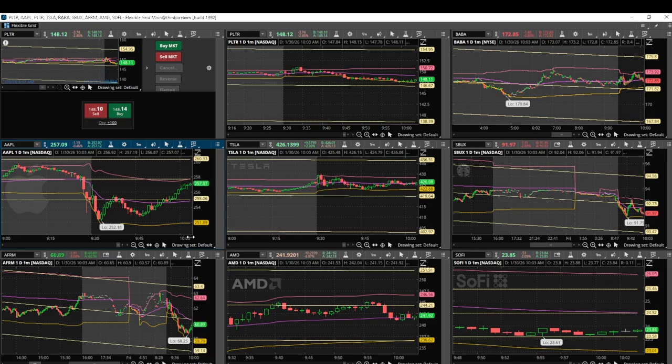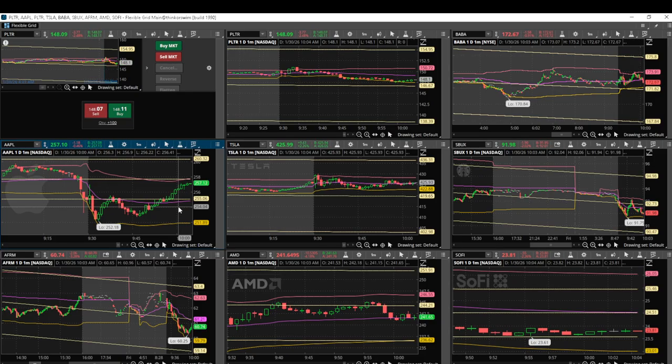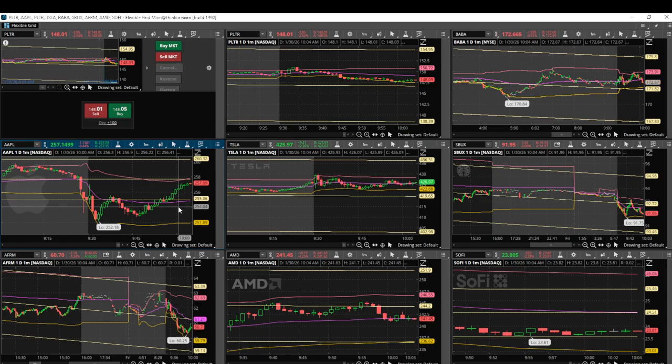If this gets out of our wheelhouse another 50, 60 cents, then when it starts to get into the 257.65 range, that's when we would add. But again, we're only starting with a small position, all right? We're starting with a position that if we go $1.50 out of our way, we would lose $1, 1%. That's what we would lose, okay? And listen, there's nobody alive that hits 100% of their stocks. Nobody.